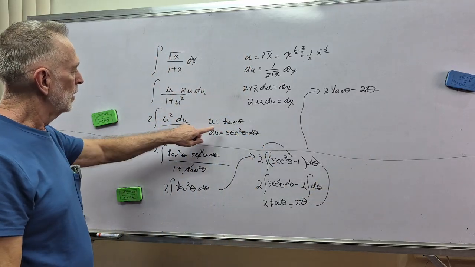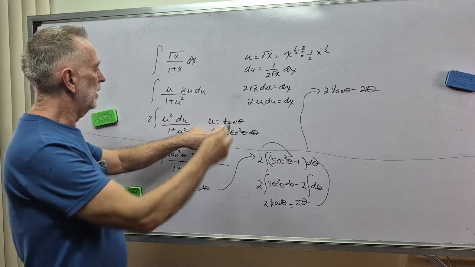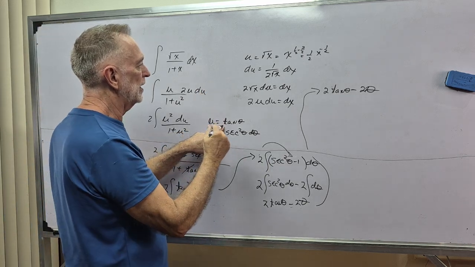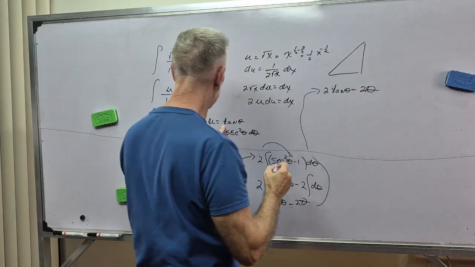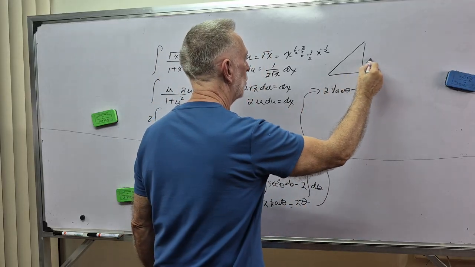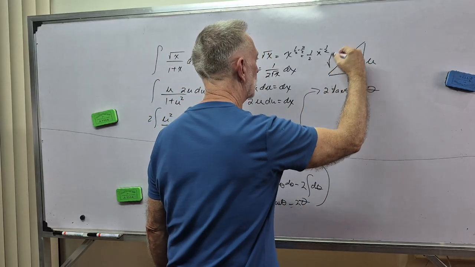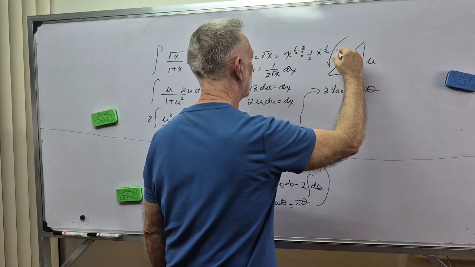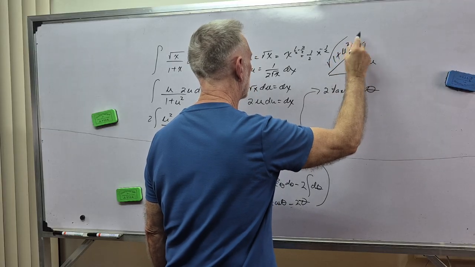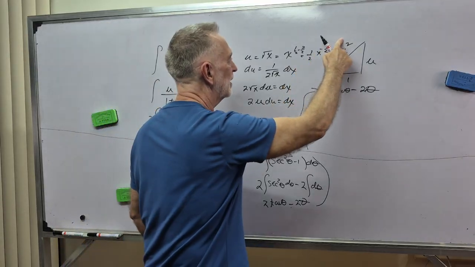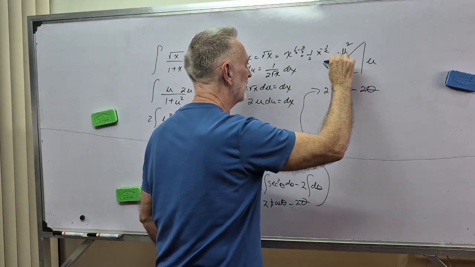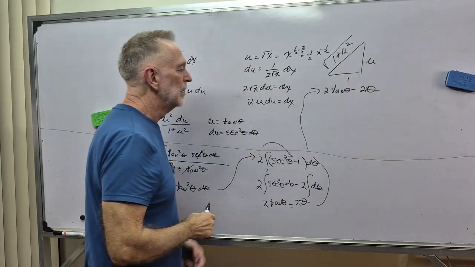Okay, recall earlier we had u equal tangent theta. So if I look at my triangle here, u over 1 is tangent, and the hypotenuse is the square root of 1 squared plus u squared. Okay, square root of that. That's a sad looking square root sign, right? There we go.